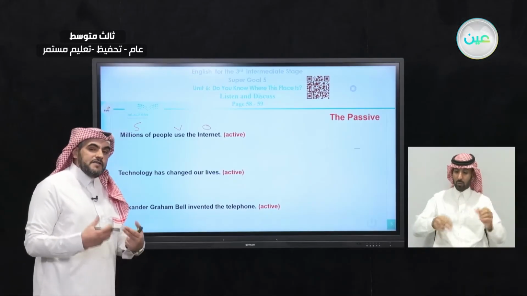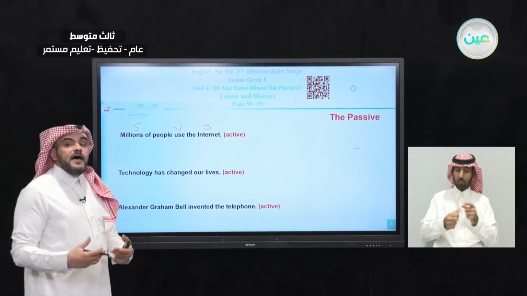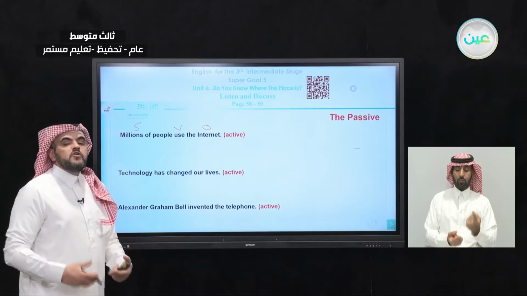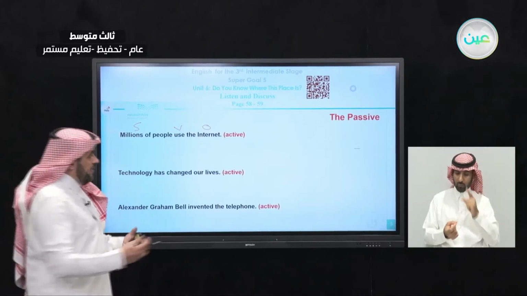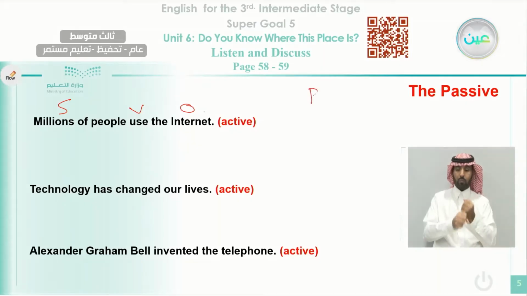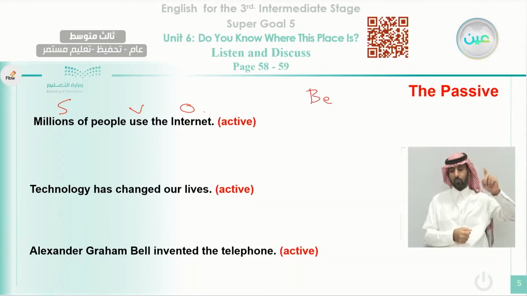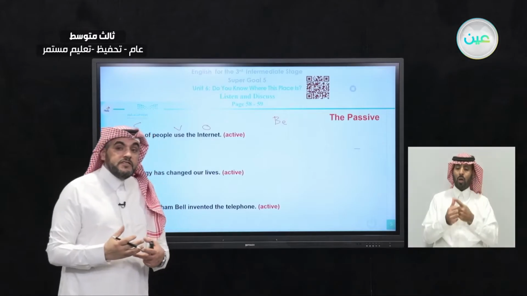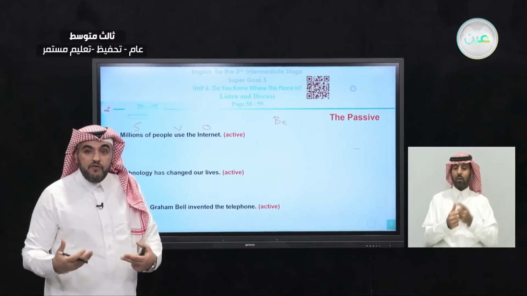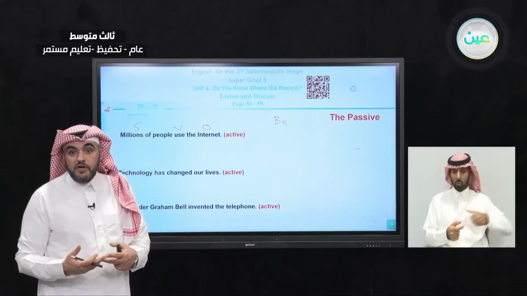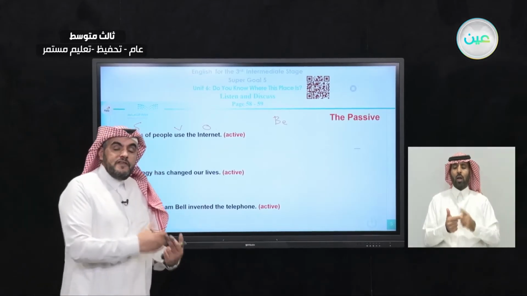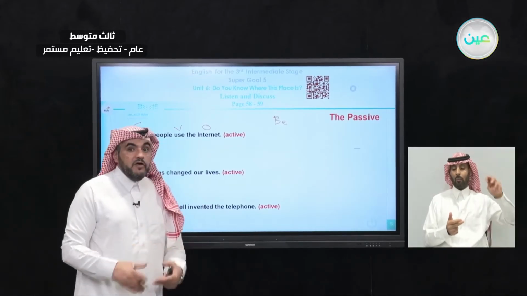So we can start with the internet, and after we start with the object, we have to use verb be. As you know before in our previous class, verb be can be used in 3 different tenses. We can use it in the present, and in the present it has 3 forms: am, is, or are. It depends on the subject that you are going to describe.